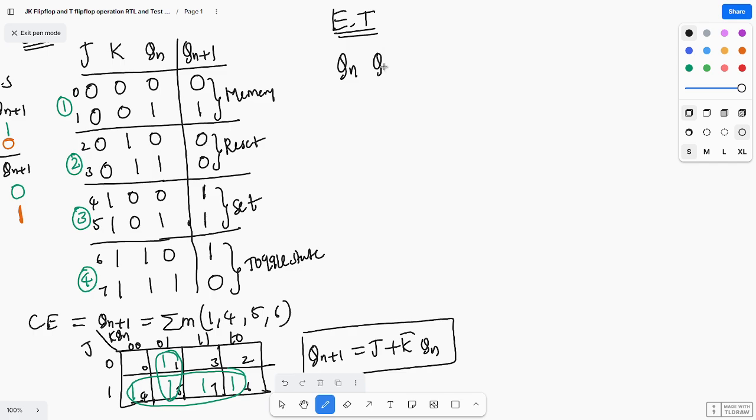Present state and next state, Qn plus 1, and inputs. What are the inputs? J and K. How many possible combinations? 4 possible combinations: 0 0, 0 1, 1 0, 1 1.